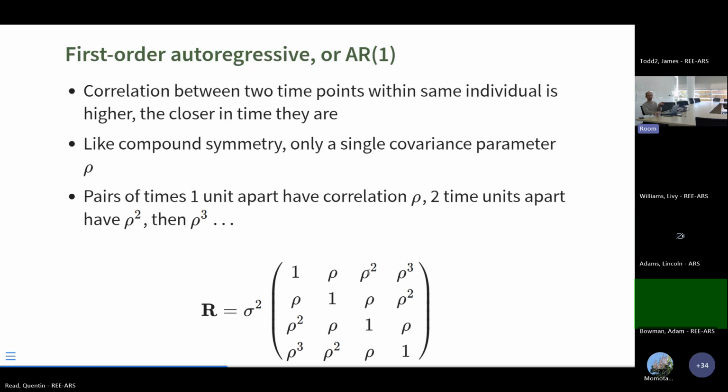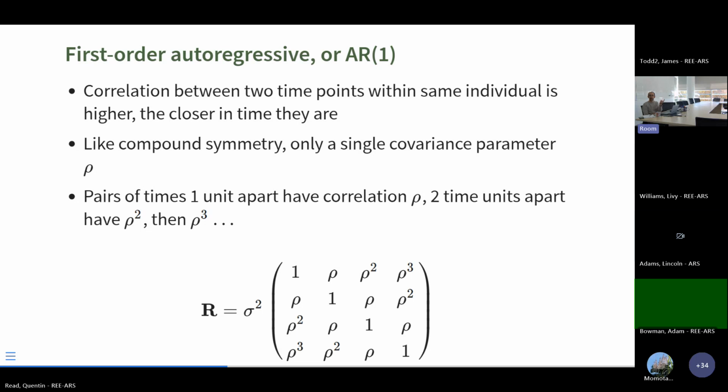Since rho is between 0 and 1, if you square it, it gets closer to 0, and if you raise a decimal number like that to a high enough power, it would pretty much be 0. So the correlation between two time points is high if they're 1 day apart, and then goes down to 0 the further apart in time they get.